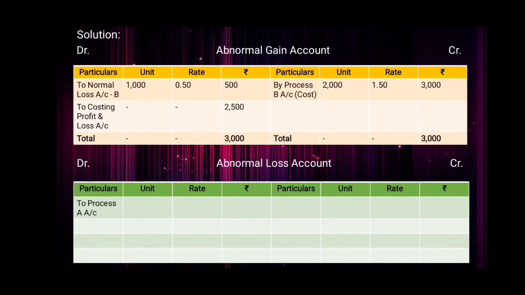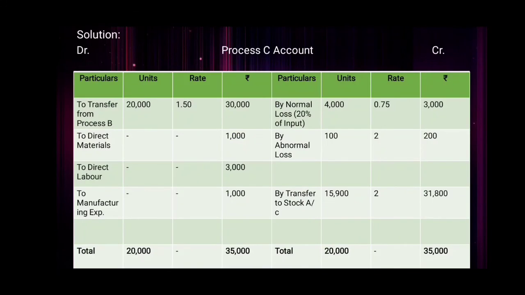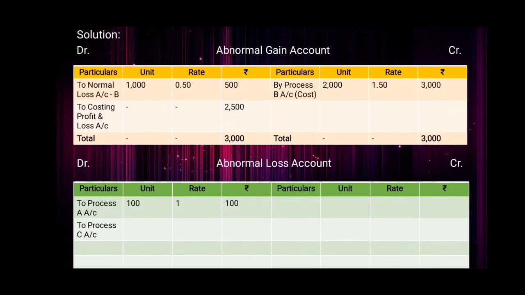To process A account, 100 units at the rate of rupees 1, total amount will be 100. In process C account, abnormal loss is given as 100 units at the rate of rupees 2, total amount will be 200. To process C account, 100 units at the rate of rupees 2, total amount will be 200.